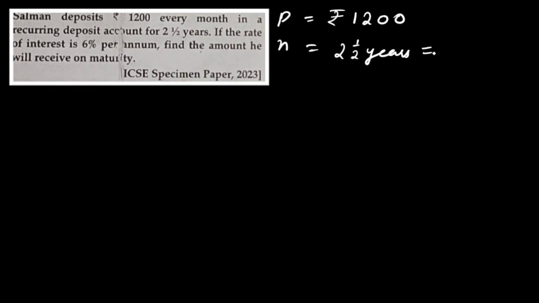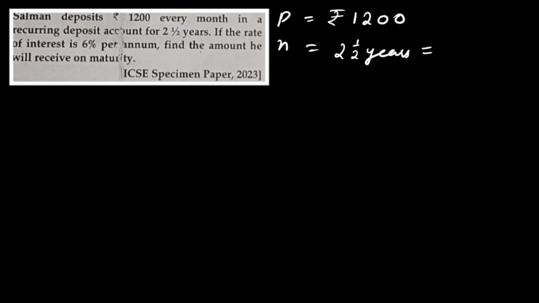But we have to write N in months. Can anyone tell me the value of N in months? In years it's given as 2.5 years, but we always convert the time period into months.